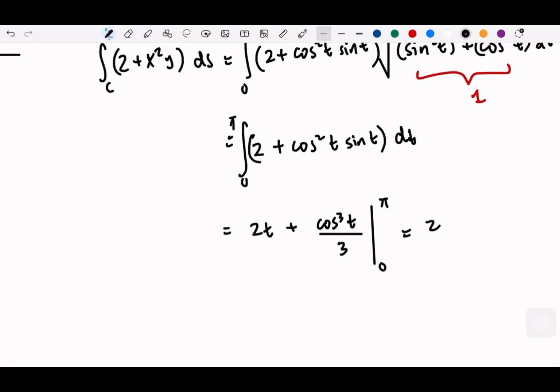This will be 2 pi, plus 1/3 plus 1/3, that is, 2/3.